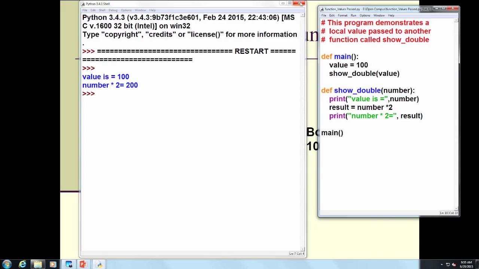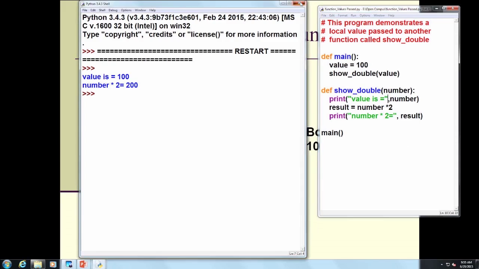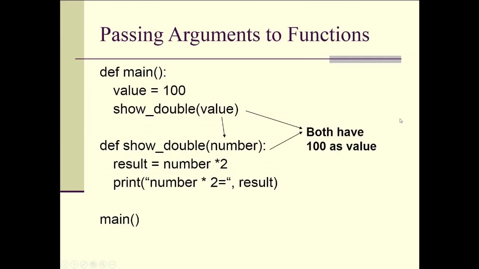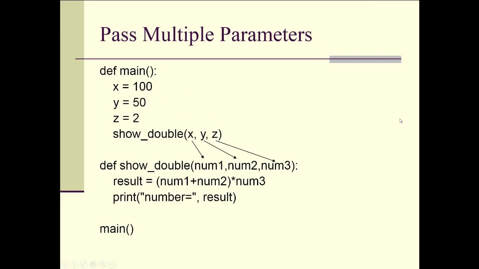Now let's take a look at one last thing: passing multiple parameters. And yes, you can do that. We're going to take the same one, except I've added x, y, and z as variables in the main function.